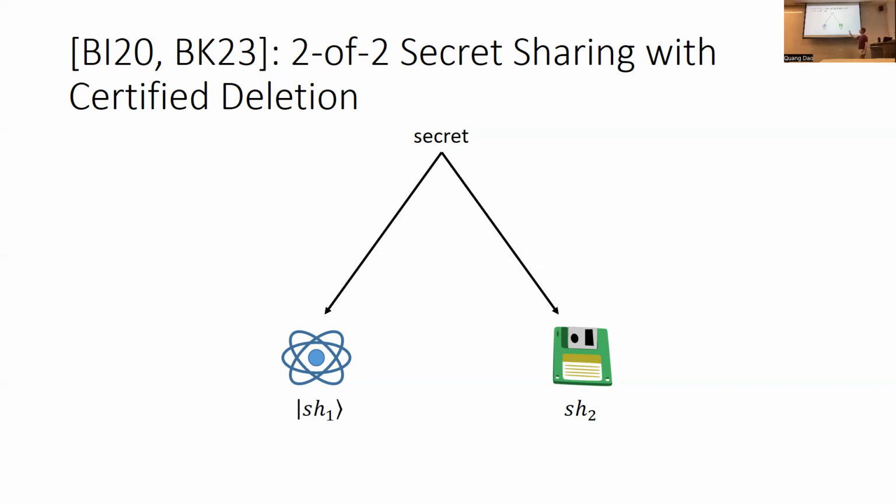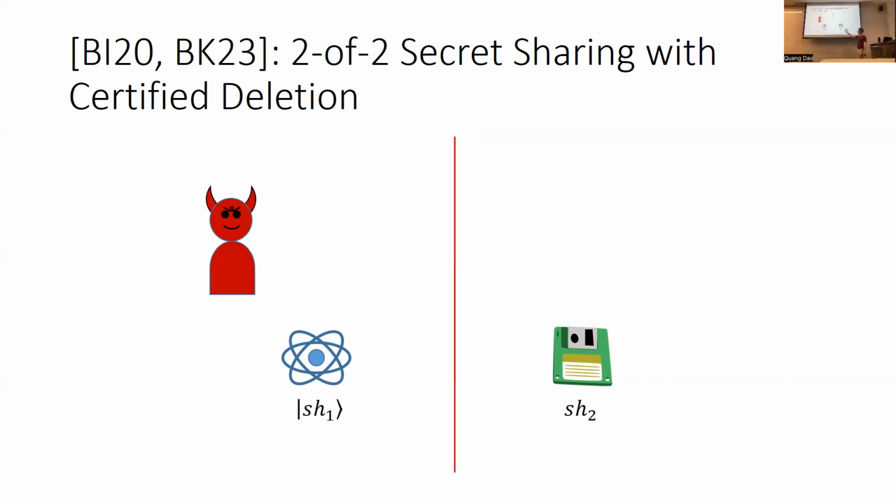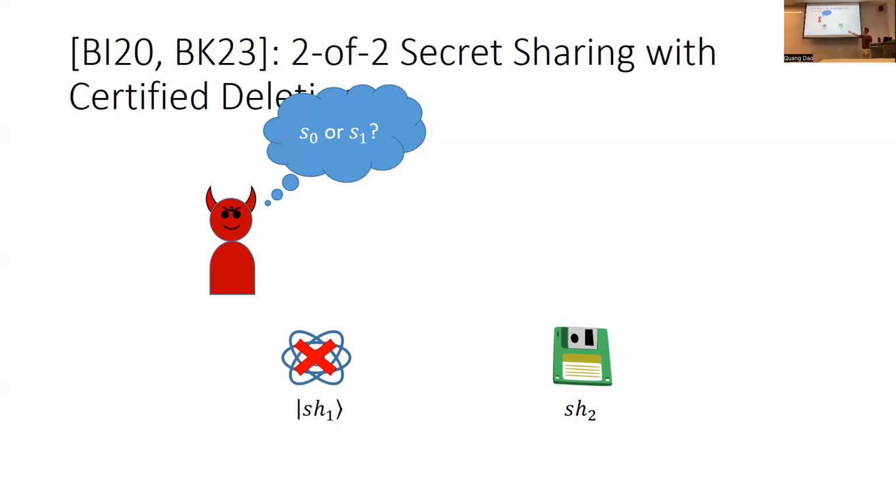The idea is that we are going to split a secret into a quantum share and a classical share. If the adversary gets the quantum share, but not the classical share, it can delete this share. And if it does so, then even if it later receives the classical share, it still has no information about the secret.